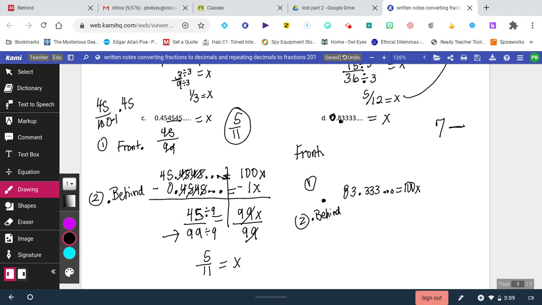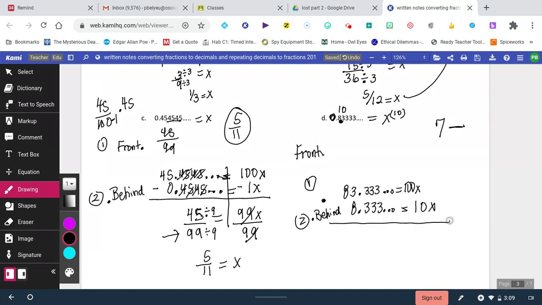Then I just have all 3's behind the decimal. That means you're multiplying by a 10. So that would give me 8 and then a bunch of 3's, and 10 times x is 10x.